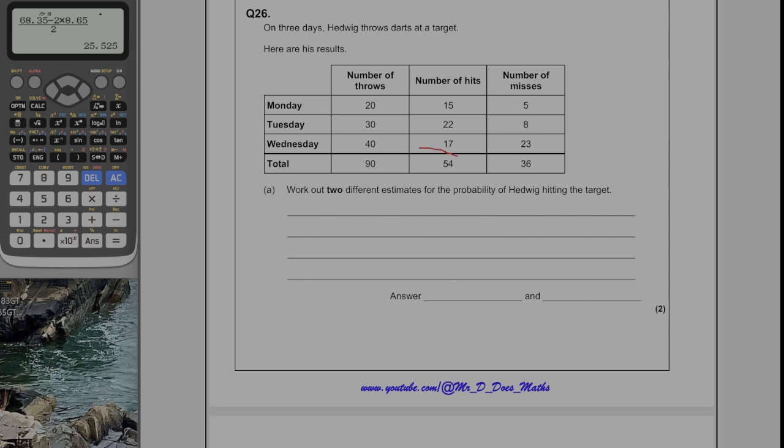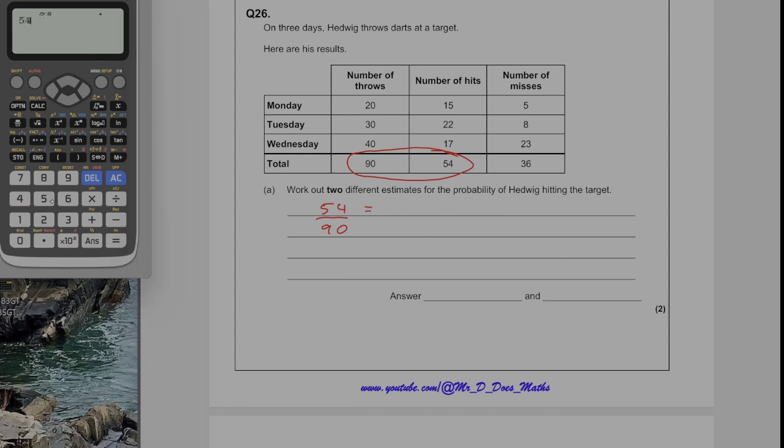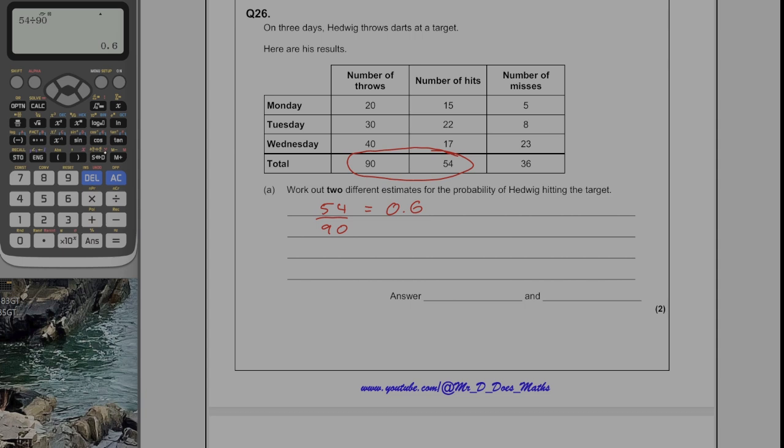What I'm going to do is the most accurate, which would be 54 over 90, which would be 54 divided by 90, which is 0.6. That's going to be the one I definitely use. And I'm going to take the most straightforward, 15 over 20, which is 0.75.